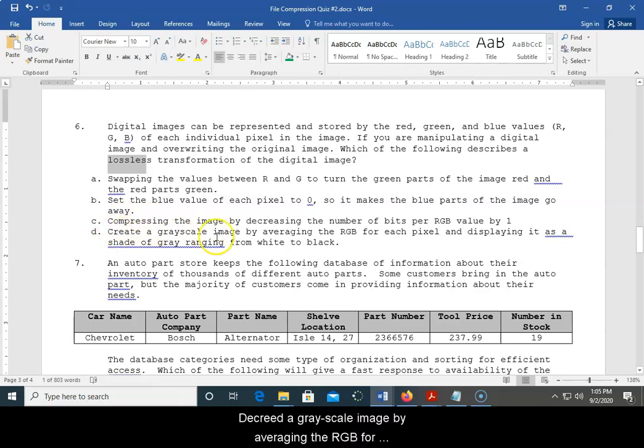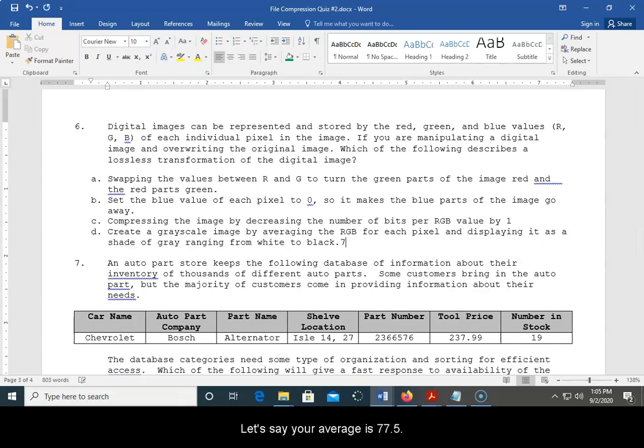D, create a grayscale image by averaging the RGB. Okay, so anytime you see average, you know that that is lossy and not lossless. Why? Well, let's just run some average calculations. Let's say your average is 2.5. 7.5 divided by 3, that is 2.5.